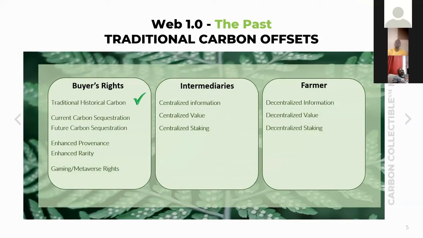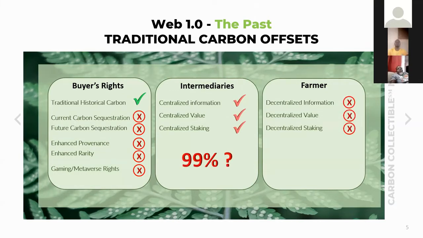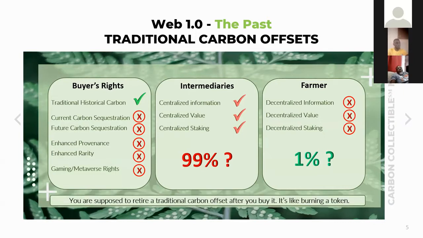So what I want to do now is compare what we're doing with traditional carbon offsets. If you look at a traditional carbon offset, this is almost like a Web 1.0 solution. It's really historical carbon that was extracted from the atmosphere and is now carbon in trees or in the ground. It's historical.